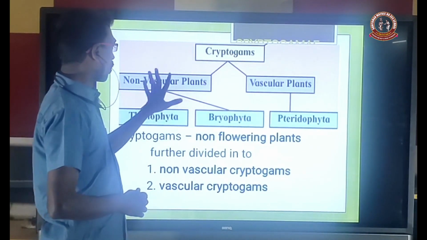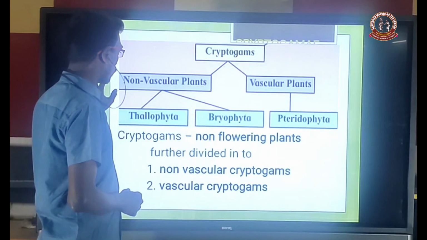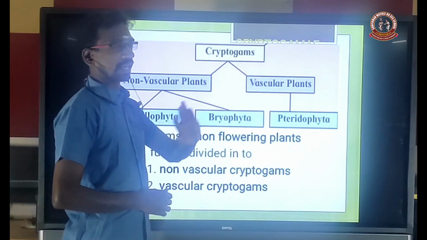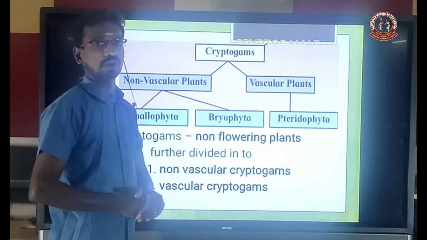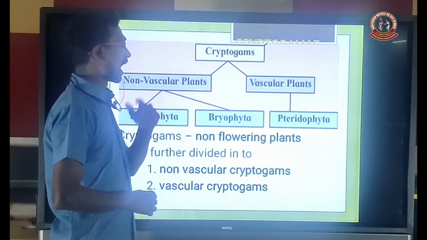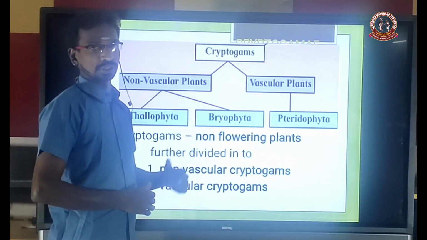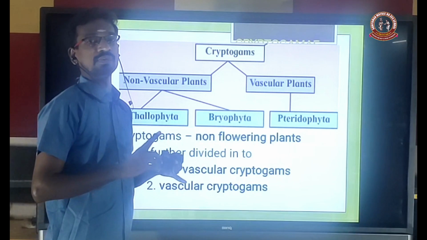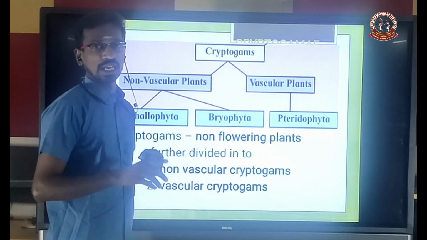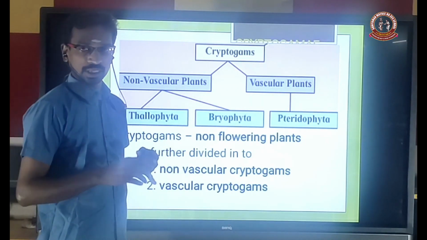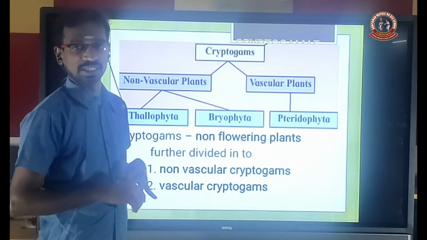The cryptogams are broadly classified into two categories, that is non-vascular plants and vascular plants. So what is a non-vascular plant? That means it does not have conductive tissues. That is, xylem and phloem are absent. Xylem helps in conduction of water, and phloem helps in conduction of food material.